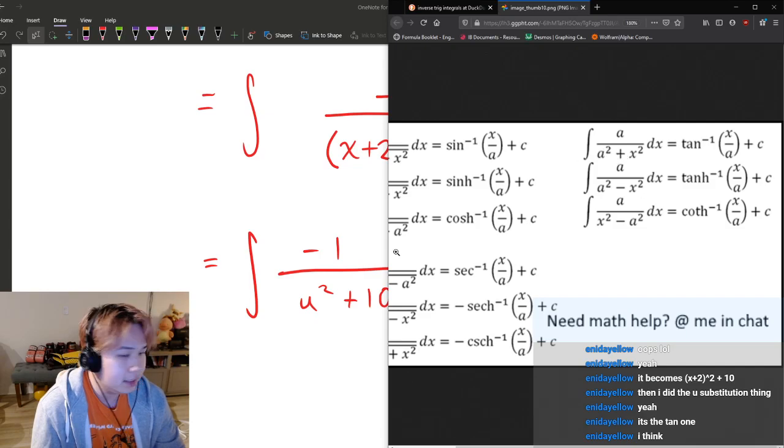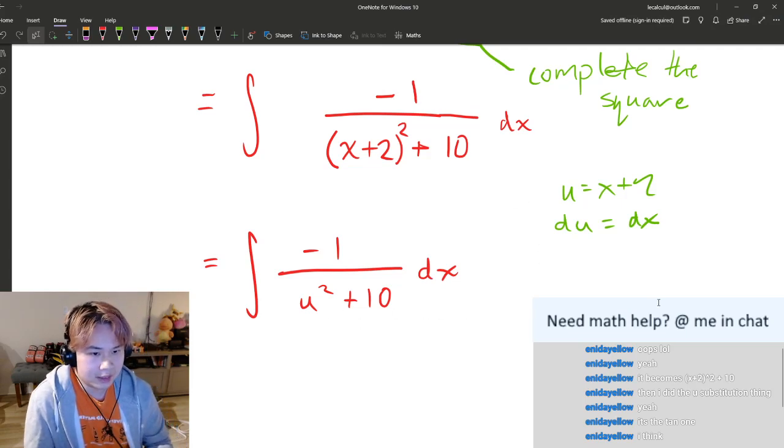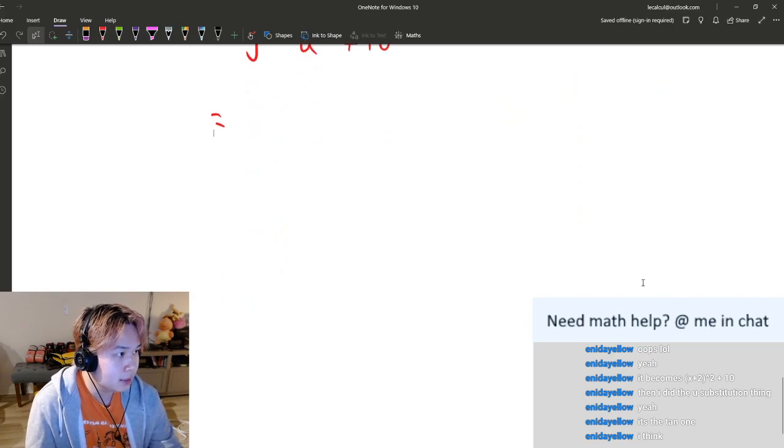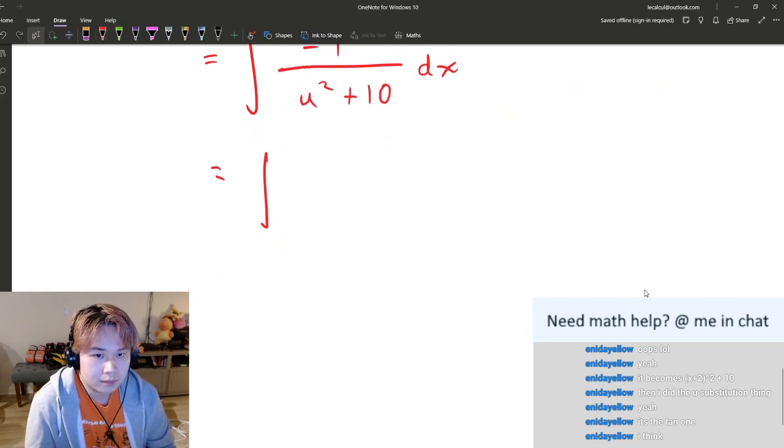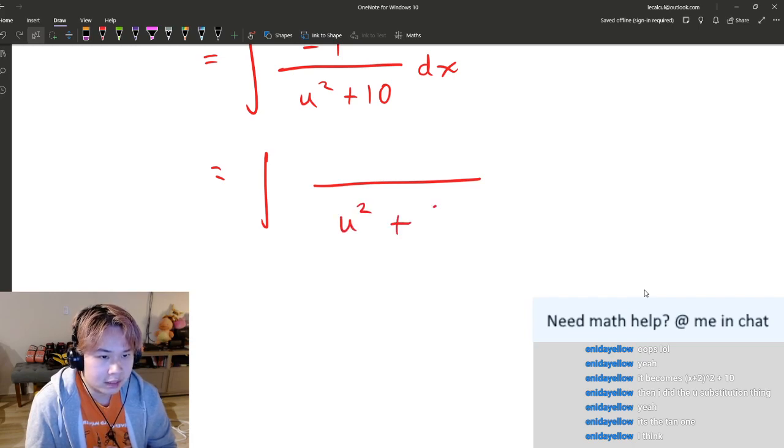Now, the one thing that you're missing to say that it's the tan one is, first let's write this so it's a little bit more obvious. So this is u squared, and then this is square root of 10 squared du.